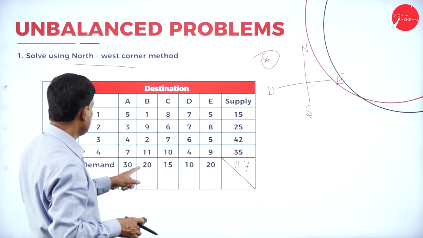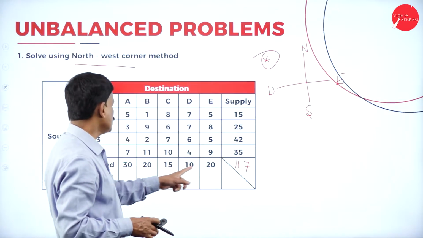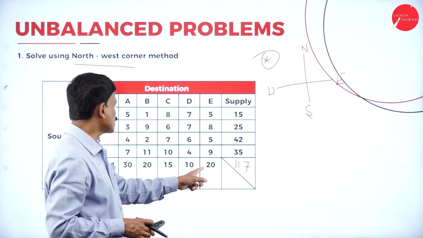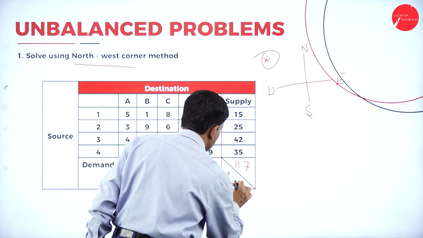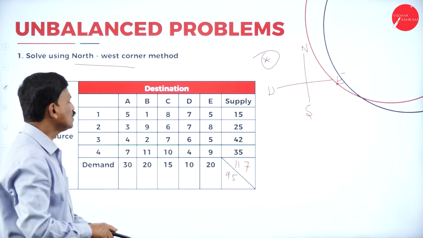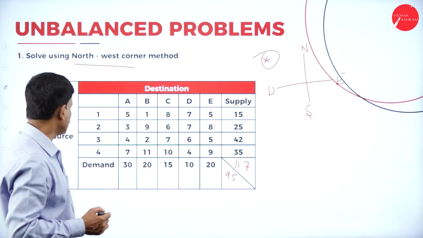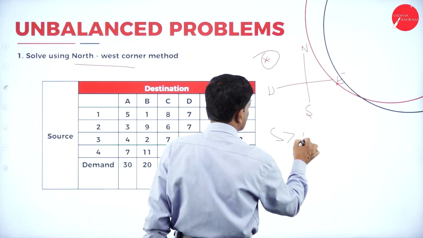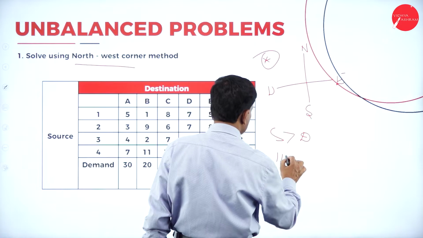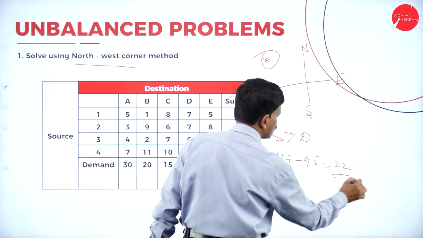Demand: 30 plus 30 plus 20 is 80, plus 15 is 95. So the supply is 117 and the demand is 95. Here supply is greater than the demand and the difference is 117 minus 95, which is equal to 22.